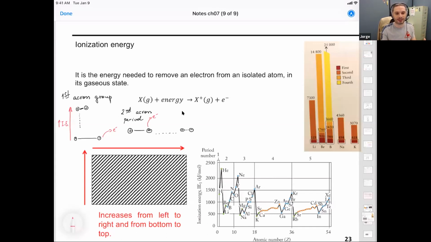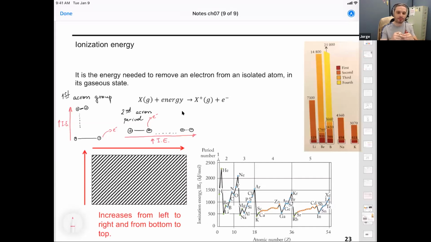If it is easier to remove an electron, that means the ionization energy is low on the elements on the left compared to the elements on the right. Therefore, the ionization energy increases from left to right across the period.